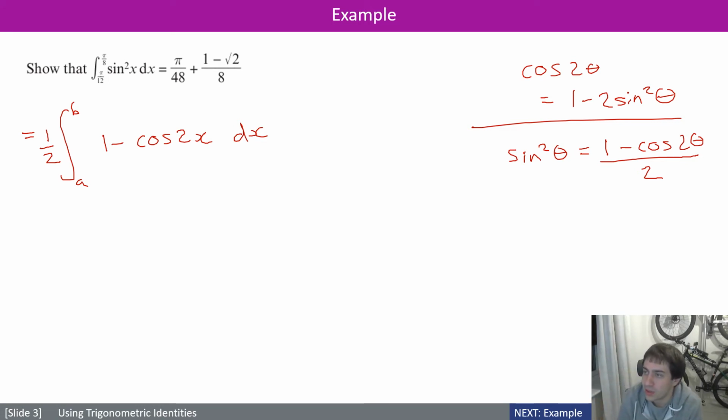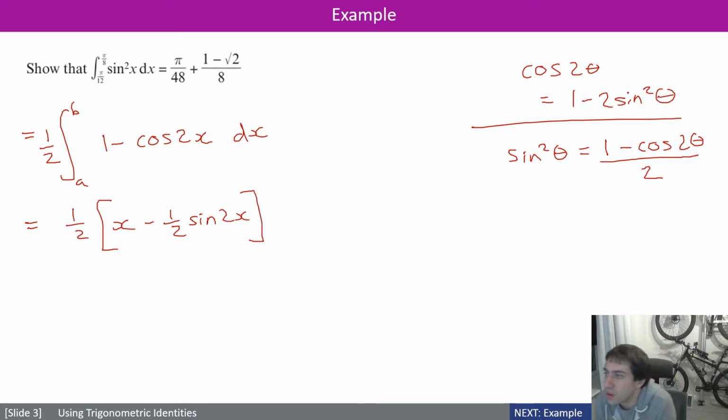So that we can now easily integrate. The integral of 1 is x. The integral of minus cos 2x is minus a half sine 2x. Right? And then we've got these limits A and B, which are actually pi over 12 and pi over 8.